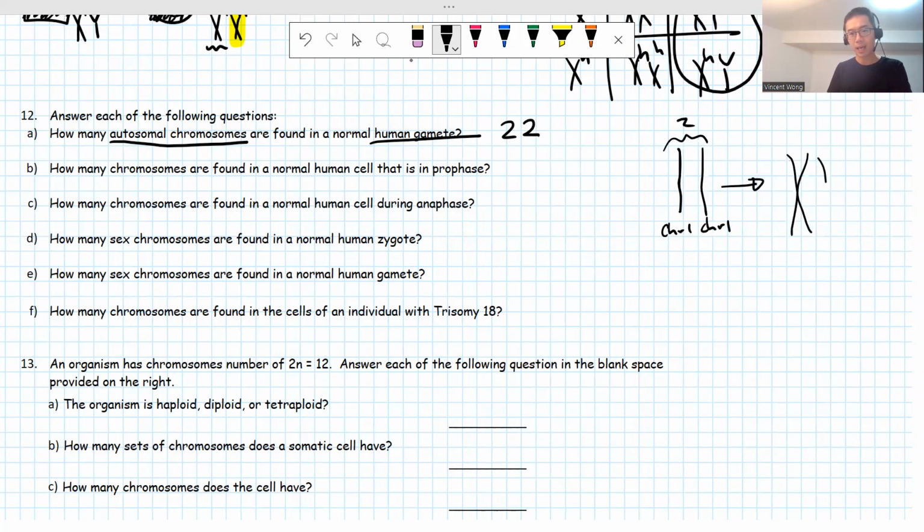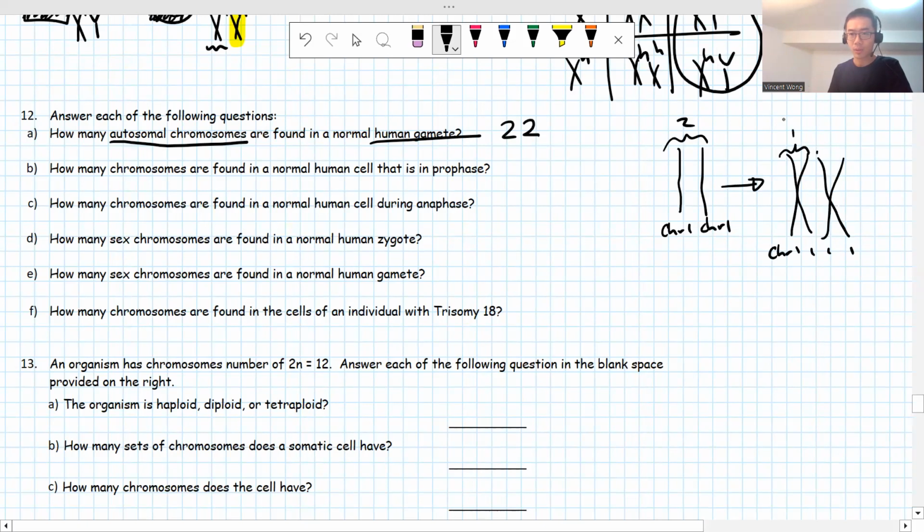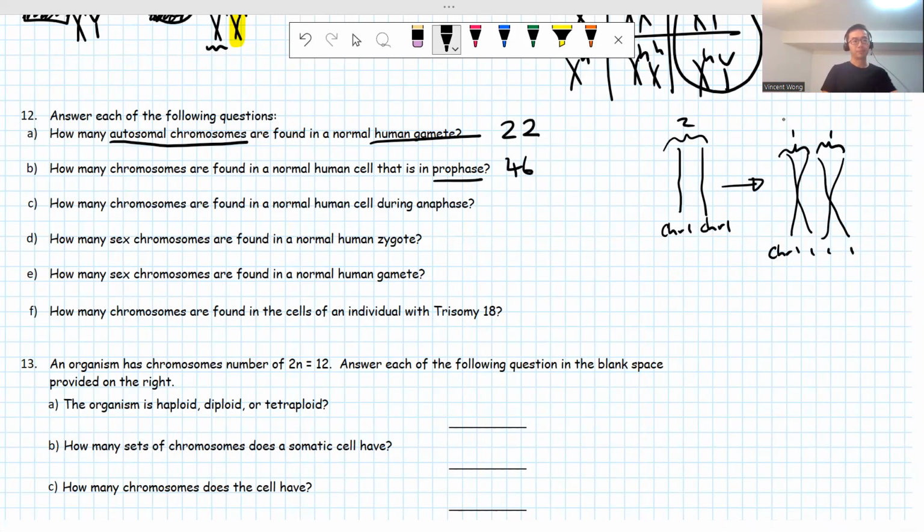After DNA replication, chromosome 1, 1, 1, 1, which is in prophase now. This whole thing is still counted as one chromosome and one chromosome. As long as they're stuck together, it's considered one chromosome. So if you started with 46 chromosomes, in prophase it is still 46. Even though we doubled it, since they're still stuck together, the way that we count them is the same.